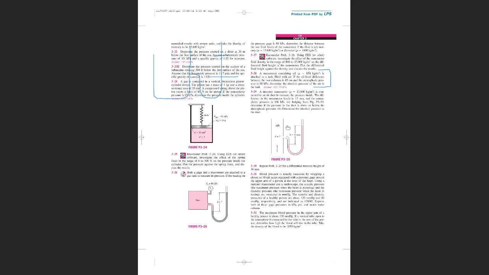What do you think, guys? I want you to tell me. The pressure in the duct, is it above or below atmospheric? From the figure. Can someone tell me, is the pressure above or below?